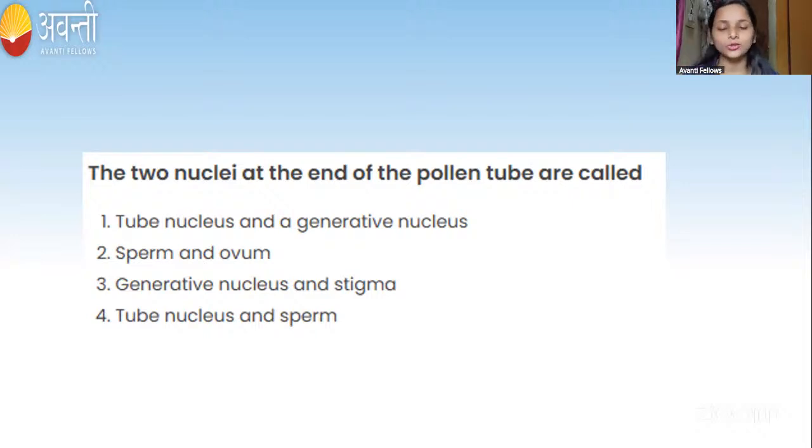Microsporogenesis is related to the pollen grain, and in that we studied how the pollen grain is formed. Option 1, tube nucleus and generative nucleus; option 2, sperm and ovum; option 3, generative nucleus and stigma; option 4, tube nucleus and a sperm.